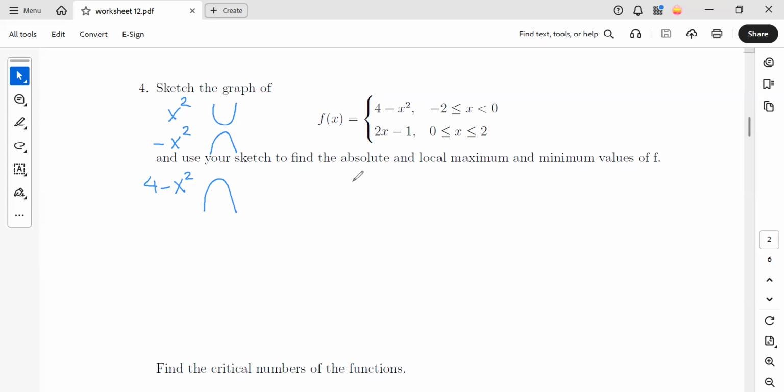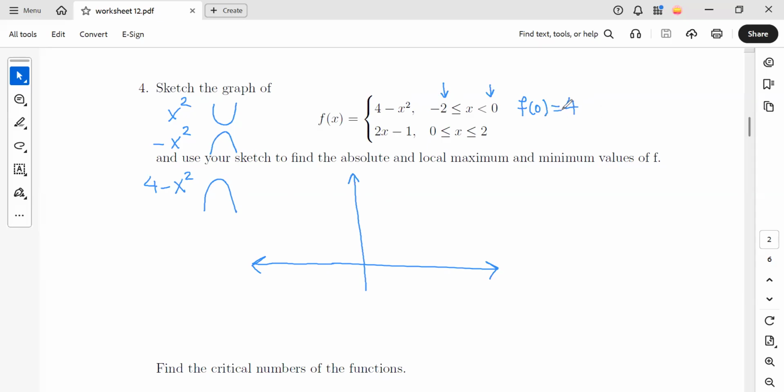And the easiest way, because we don't want the whole graph here, we want a part of the graph. The easiest way to find the part that is needed on this graph is to take these 2 points, plug them in and find the y value, or f of them. So f of 0 is 4.